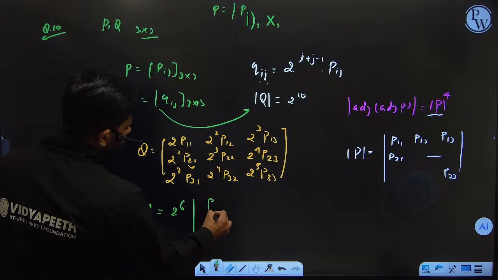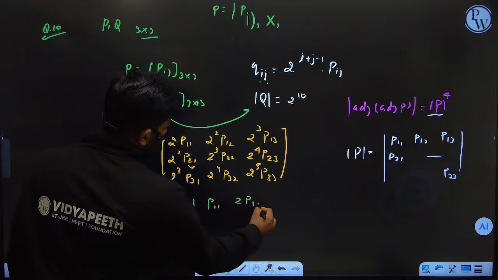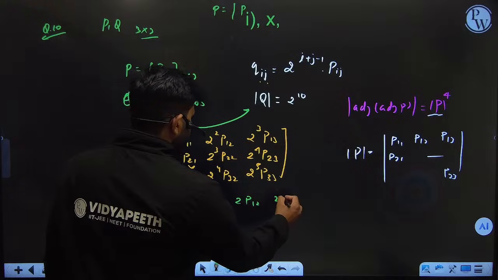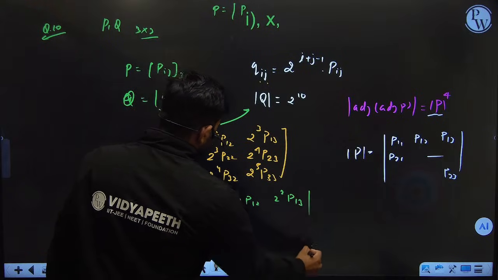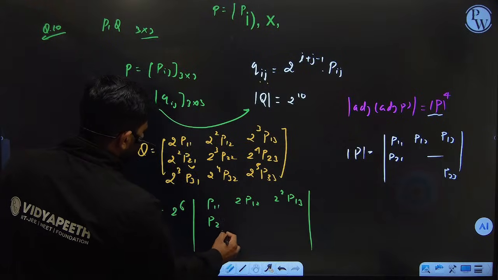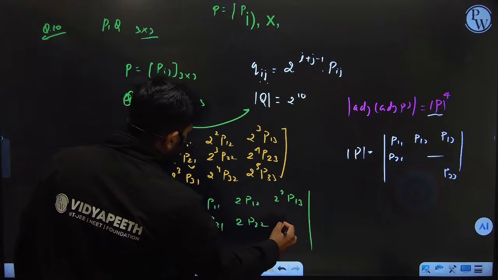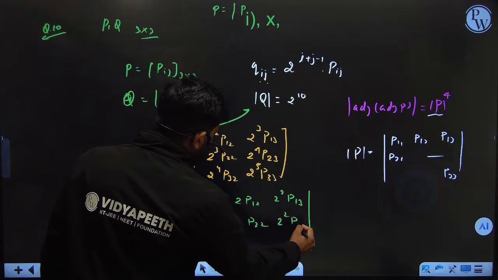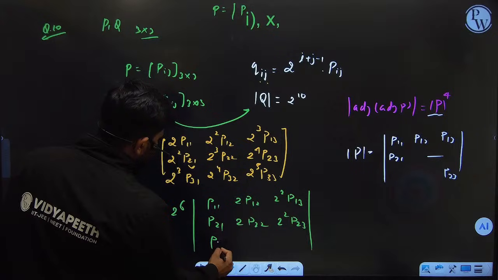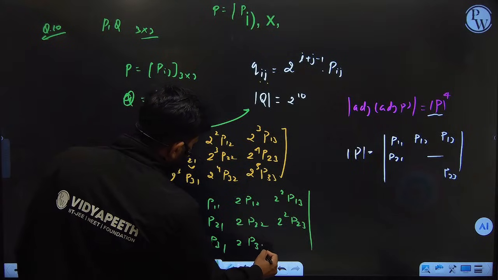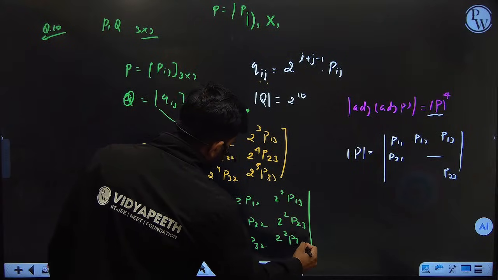What is left out is this: P21, 2 P22 and 2 power 2 P23 and so on, P31, 2 P32, 2 power 2 P33.